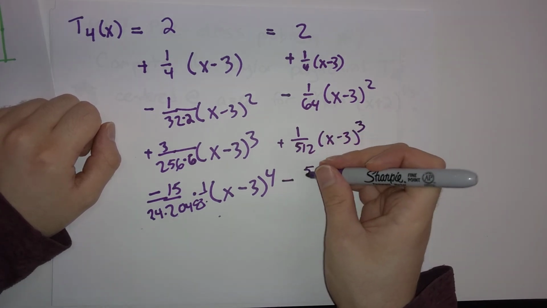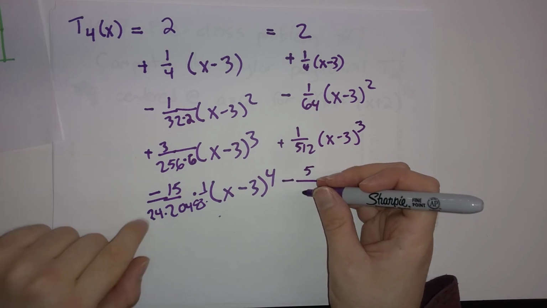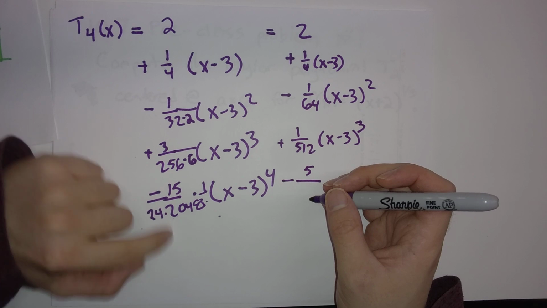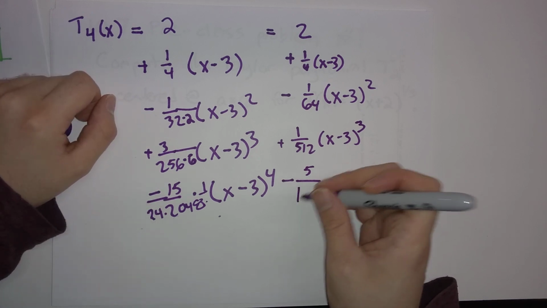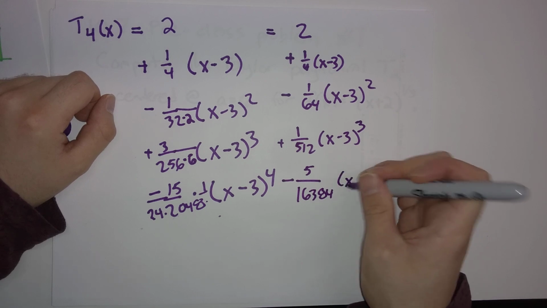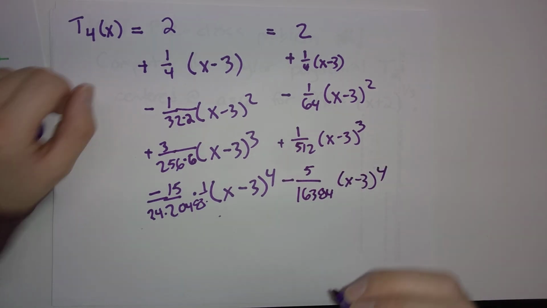And finally, minus 5 over, after doing 24 times 2048 and canceling out a factor of 3, 16,384 times (x minus 3) to the 4th.